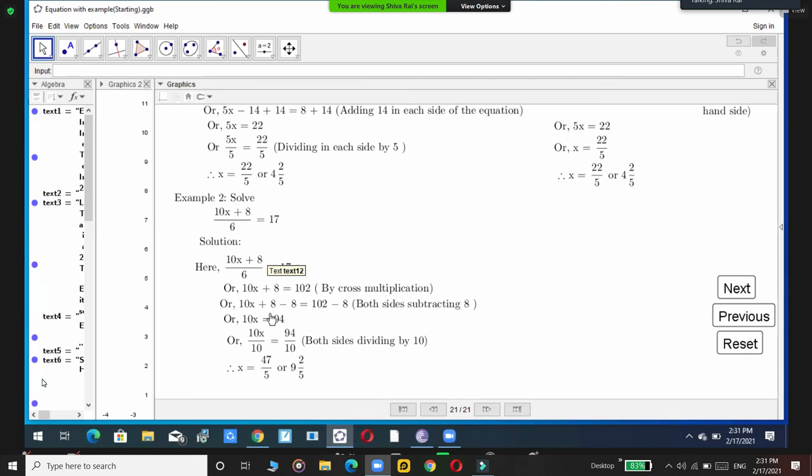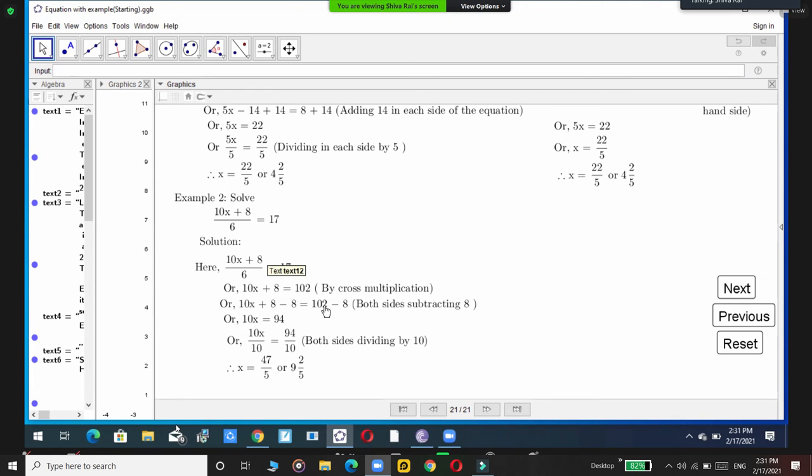How can you cancel 8? We subtract 8 from both sides, not only one side. If you subtract only one side, it becomes wrong. Now 8 and 8 cancel, so only 10x remains.